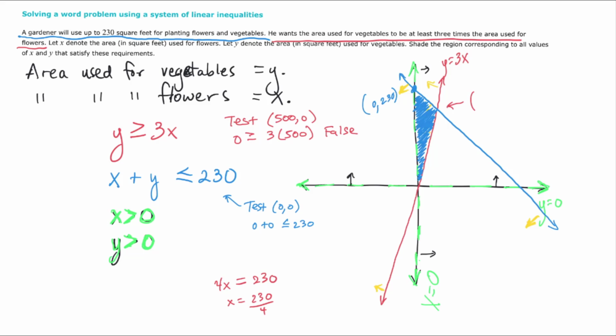That ordered pair is 230 over 4, comma, what would the y be? The y would be 3 times 230 over 4, right? Yeah, so there's the y coordinate there. This one obviously is 0, 0.